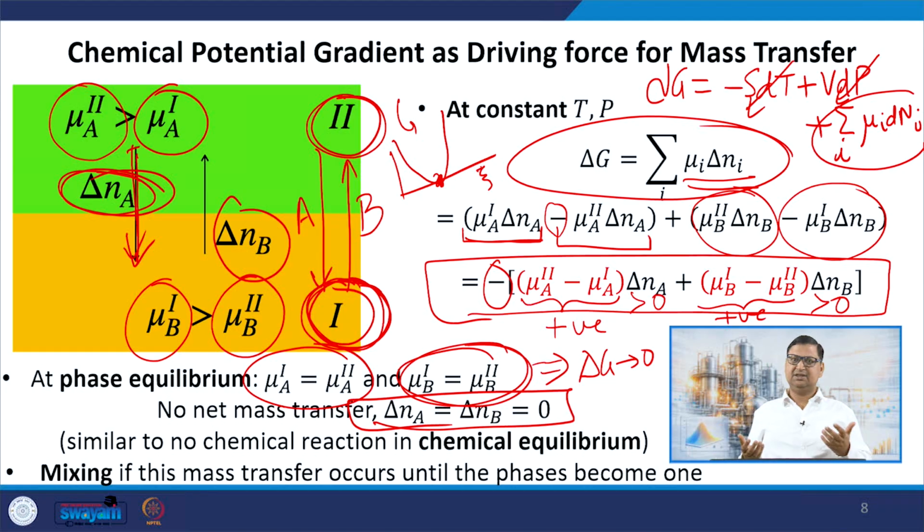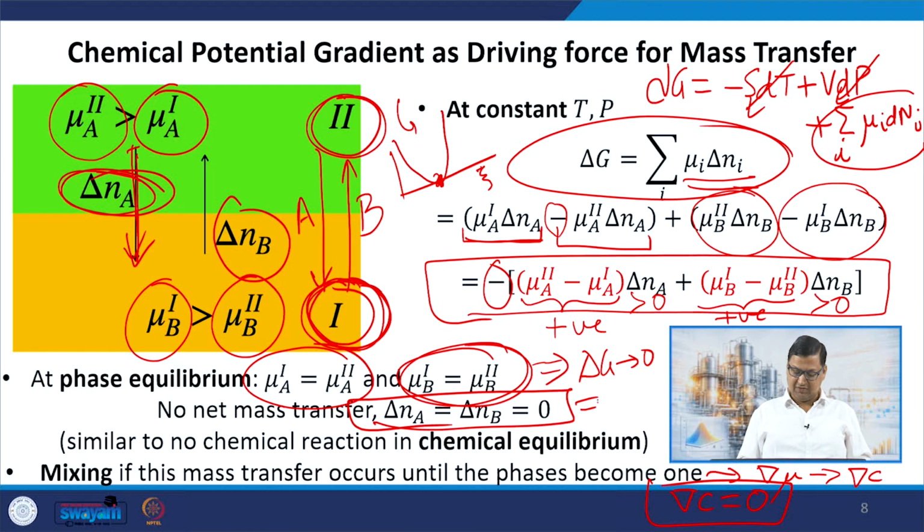The same picture can therefore be used to figure out when the mixing will happen and when the phase separation will happen. And in that case, a gradient of mu is basically translating into a gradient of C, because eventually the gradient of C is also equal to 0 in the mixing case.